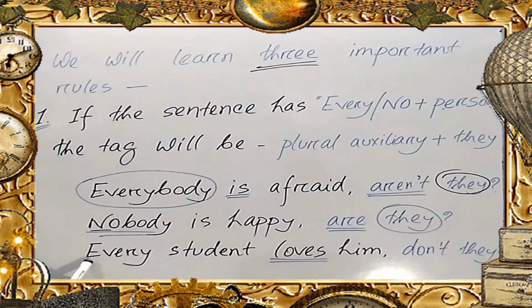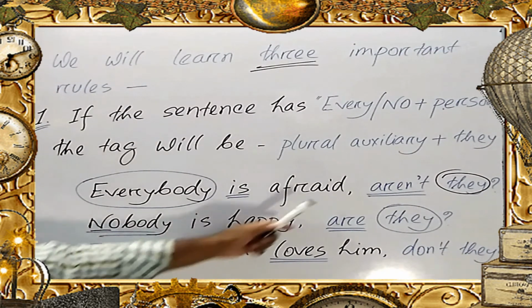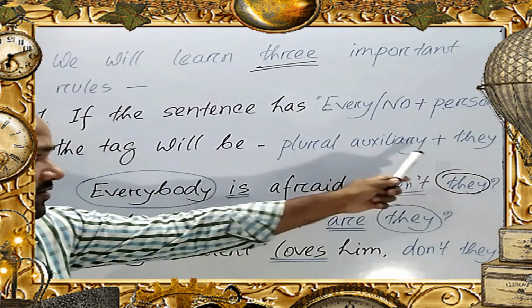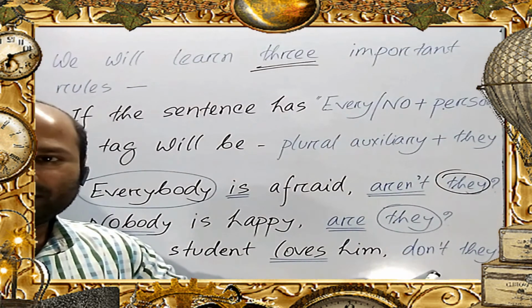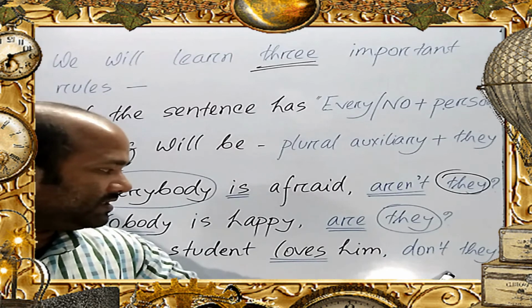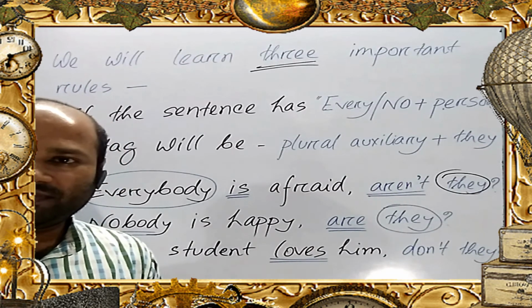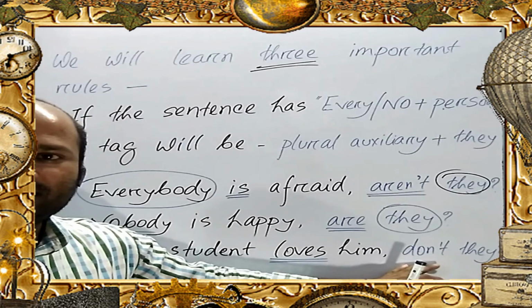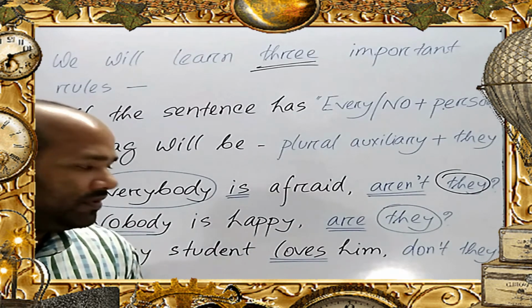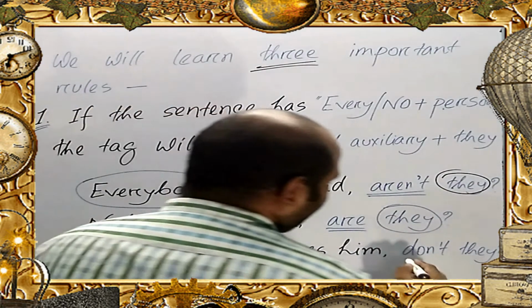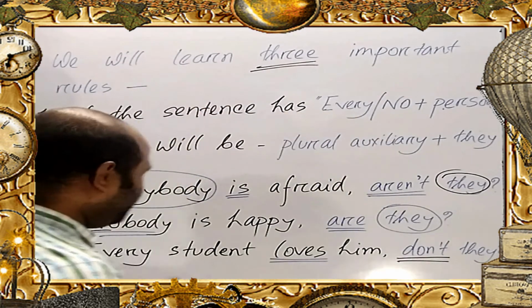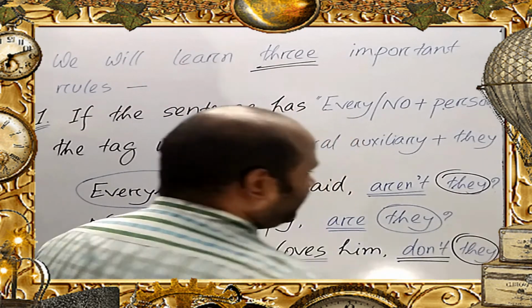But as the subject has every student, every plus person, you have to take the pronoun they. For this reason, you have to make the auxiliary plural. So does, it will become don't, or verb plus es, it will be the singular form, and the plural form of does is do. So your tag question answer will be don't, and for every student you have to use they.